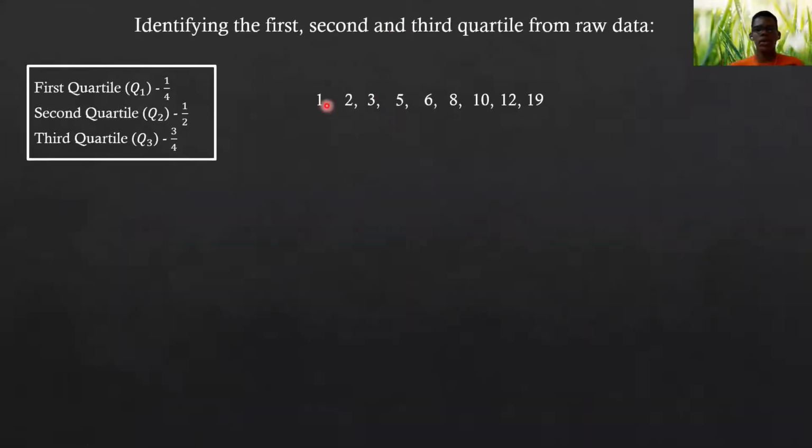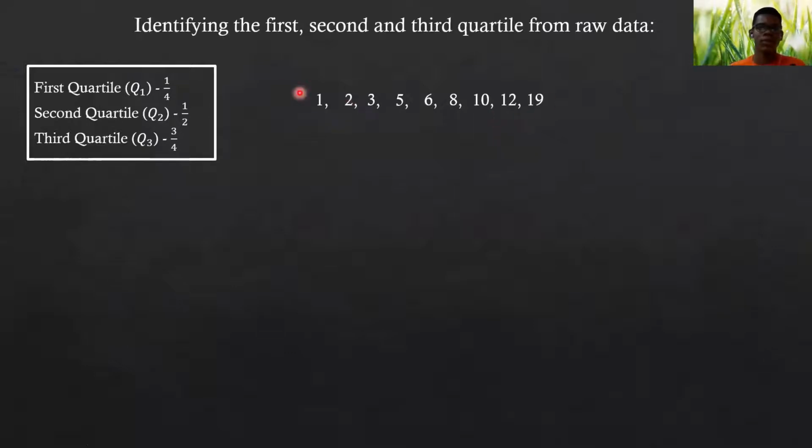Good. So before us we have a data set. Please notice that our data is arranged in ascending order. It's arranged in a particular order. This is from raw data. We looked at the frequency table just now, and like with your median, you can already guess that getting the first and third quartile will be a similar thing.